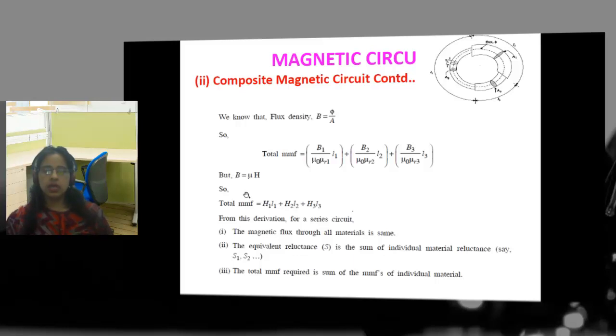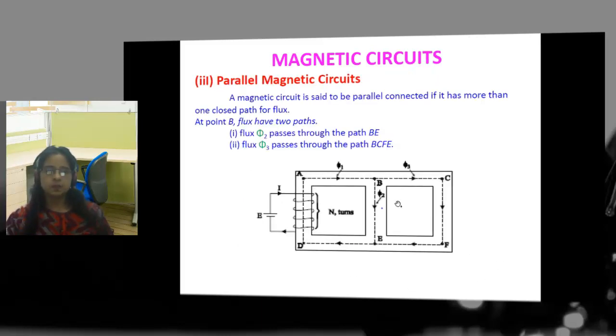IR1 plus IR2 plus IR3, like that, right? So here also mmf is equal to H1 L1 plus H2 L2 plus H3 L3. So the total mmf is the sum of mmfs experienced by the individual materials. The total mmf will be the sum of all those.